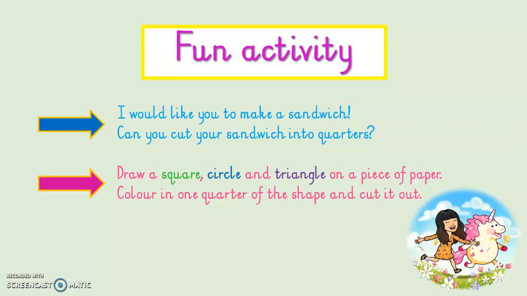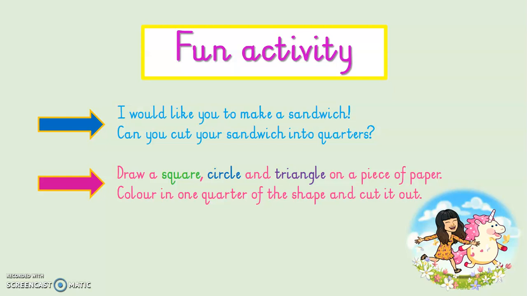Okay, now for some fun activities. We are going to look at some things to do around your house. The blue arrow. I would like you to make a sandwich. You can put anything on your sandwich. It can be jam, butter, peanut butter, anything you have at home. Make a sandwich.